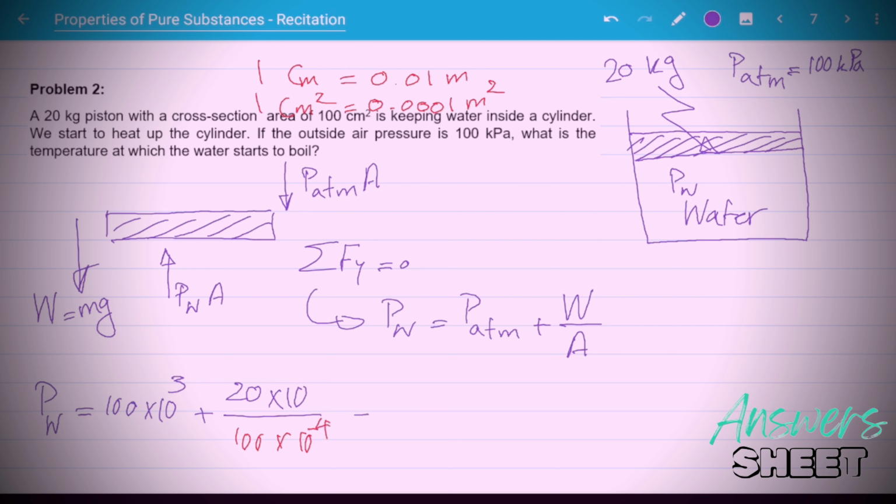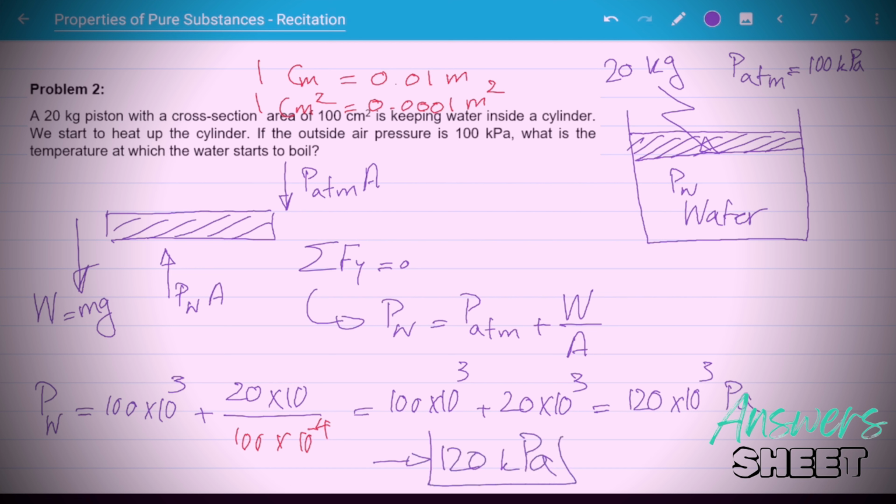If we do the math, we get 100 times 10 to 3 plus 20 times 10 to 3, which is 120 times 10 to 3 pascals, or 120 kilopascals.